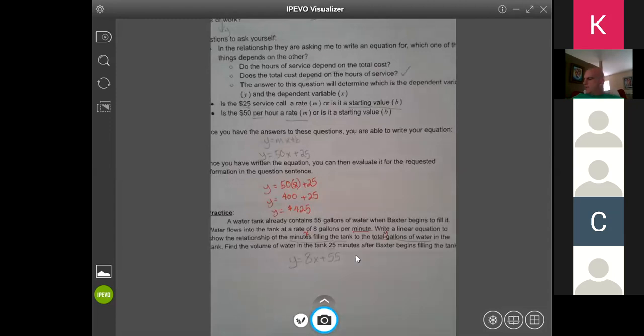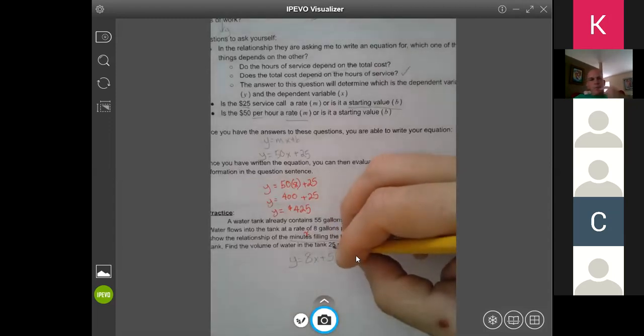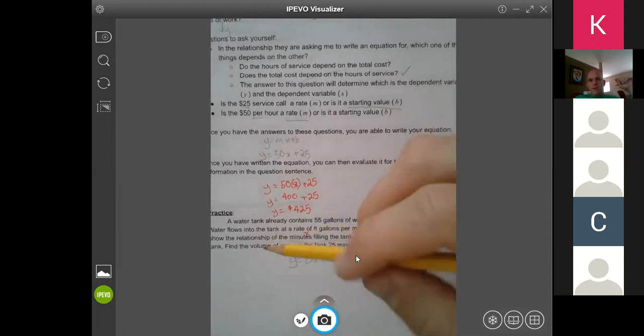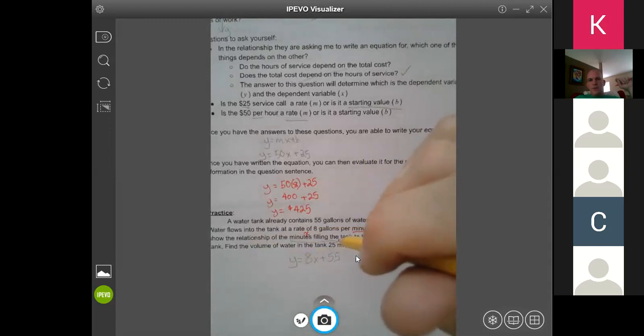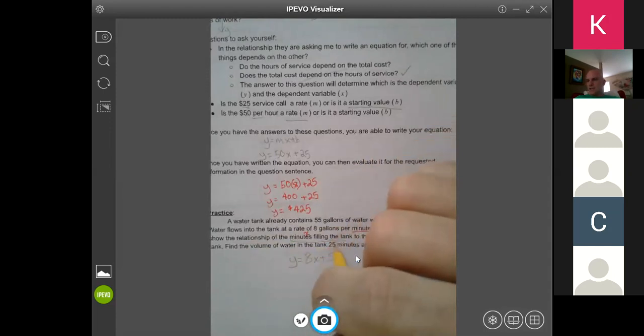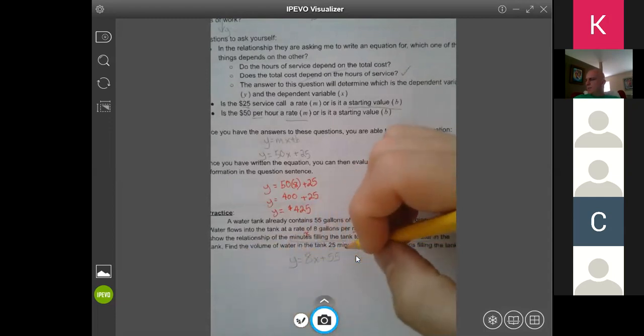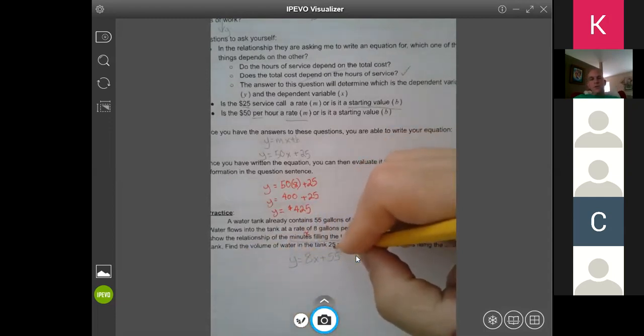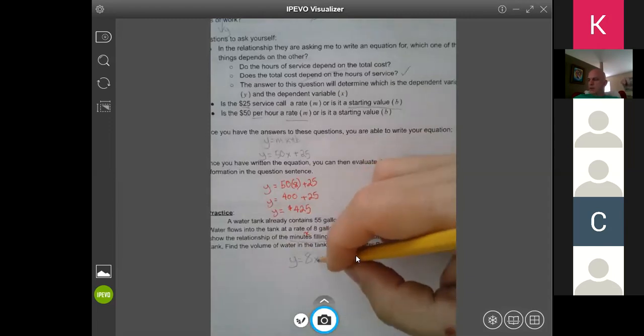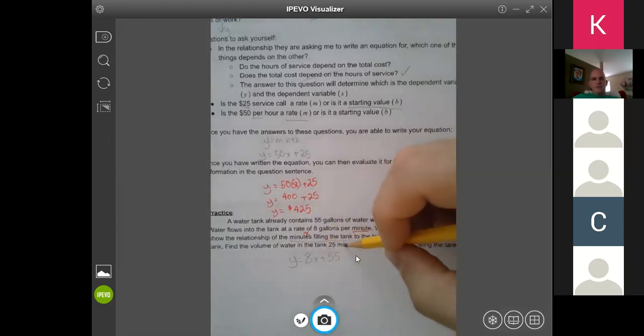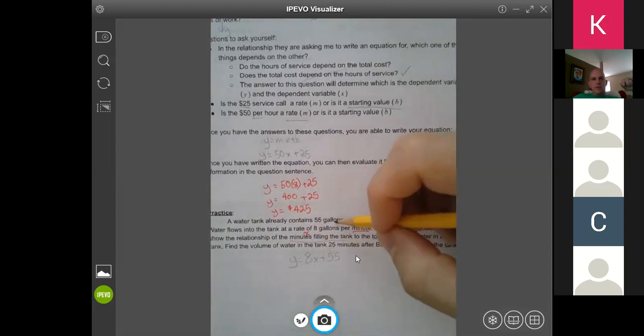All right, so this 25 is not going to be part of the initial rule. Usually the third number in these is in that question sentence, or in this case a find sentence. This number is what you're going to use after you've written the rule to evaluate with. In other words, it's usually an X value they want you to replace. Notice it gives you a number of minutes, a number of gallons, and then a per minute.